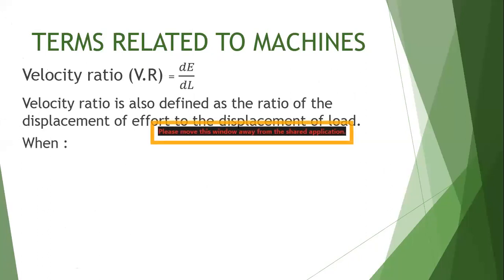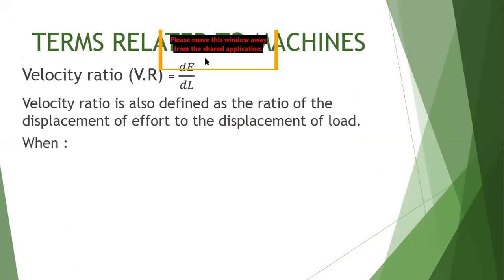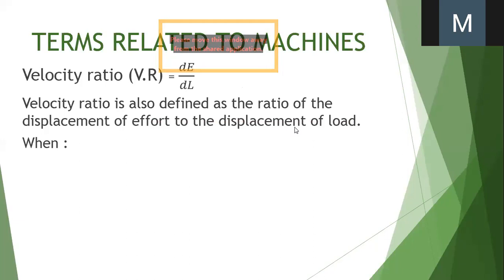Again, now we will figure out what is the use of velocity ratio. First of all, velocity ratio is defined as the ratio of velocity of effort to the velocity of load. But you can simplify it, and we can conclude that it is also the displacement of effort to the displacement of load.